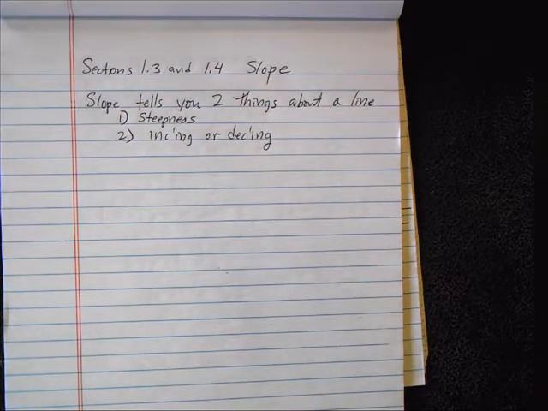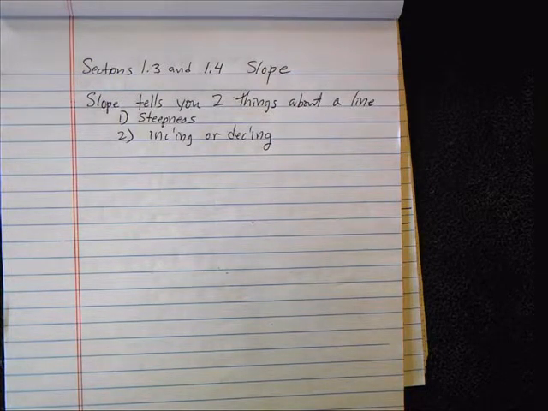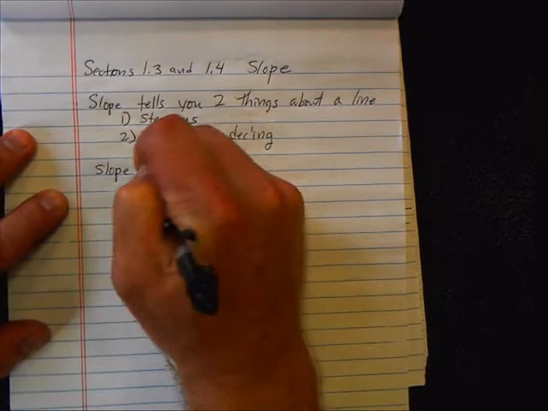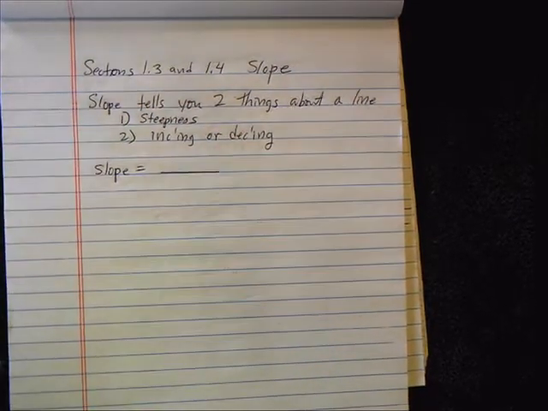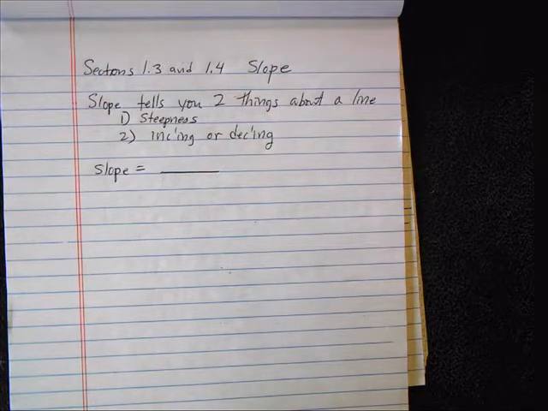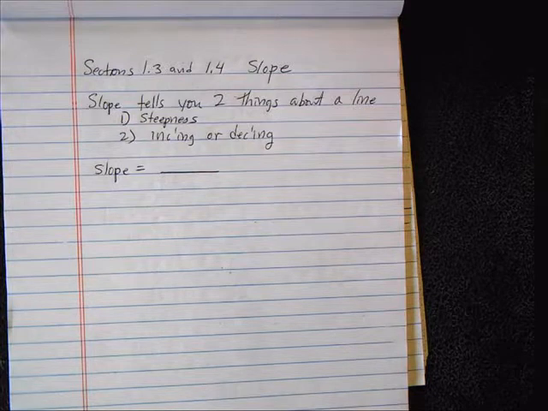All right, what else do you know about slope? Anything? Slope is a fraction. And when you're dealing with slope, what goes on top of the fraction? The y's? Okay, the rise. The y values go up and down.